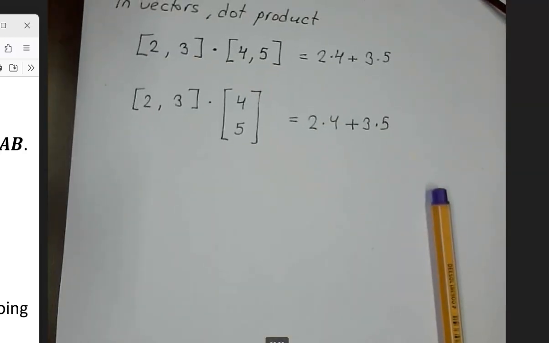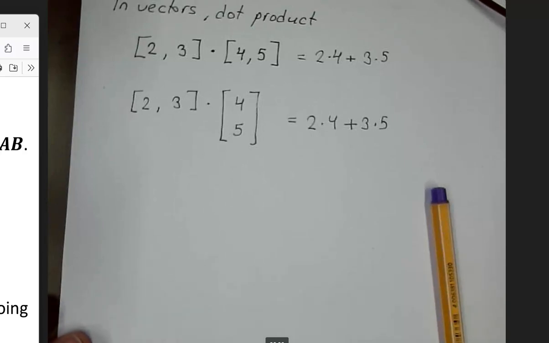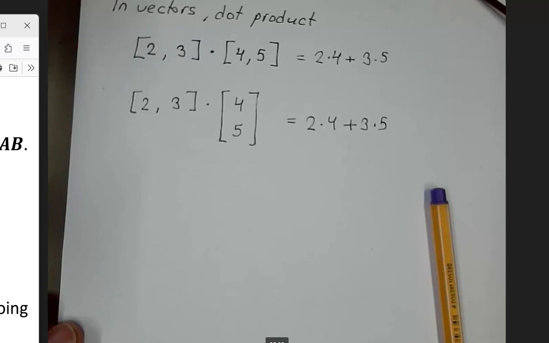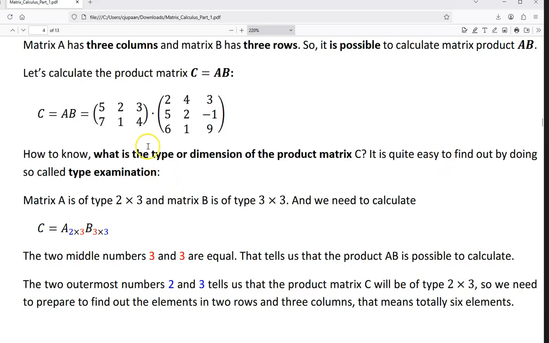I will check that also with Excel, what my Excel gives when I try to calculate that, but I will not do that yet. So first, when you start to do matrix multiplication, whether by hand or by Excel, you need to do this kind of type examination or dimension examination, checking of type or checking of dimension.